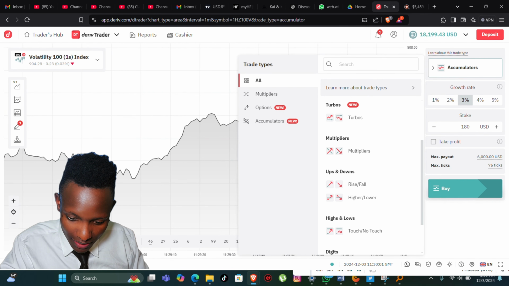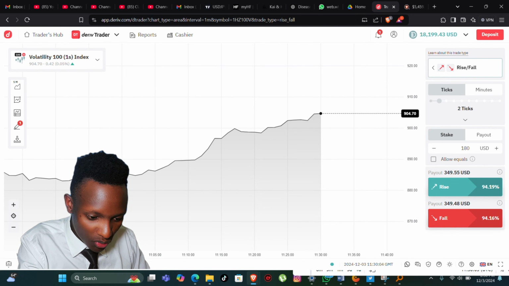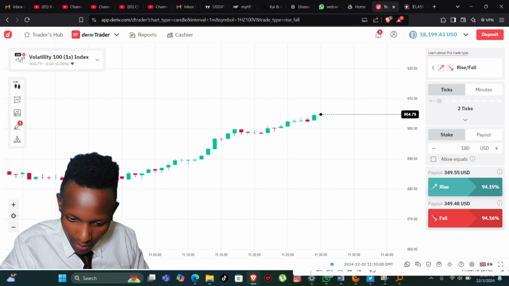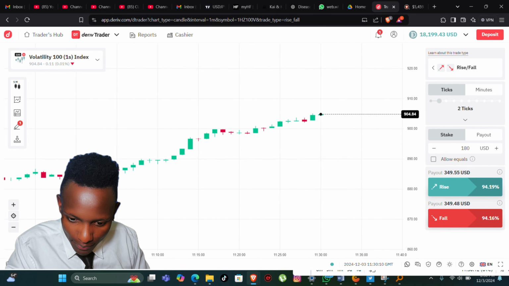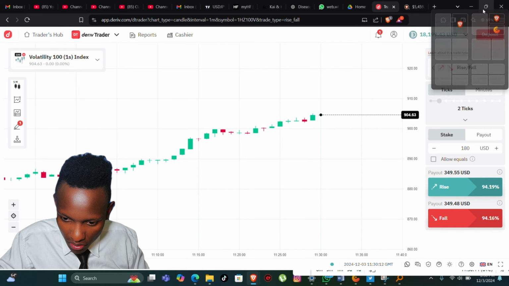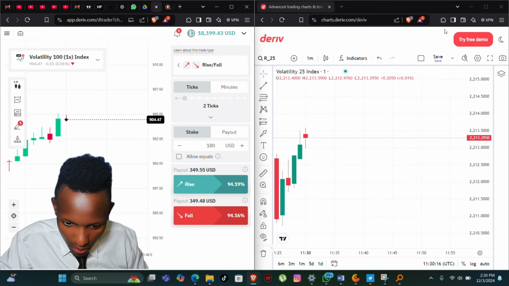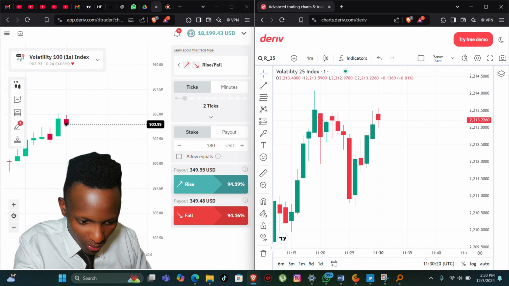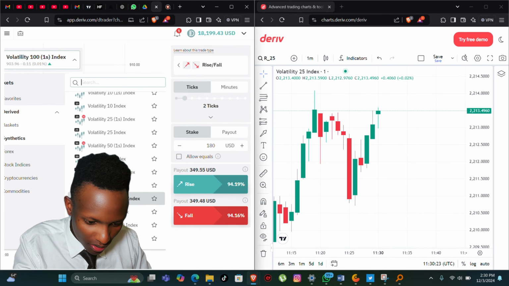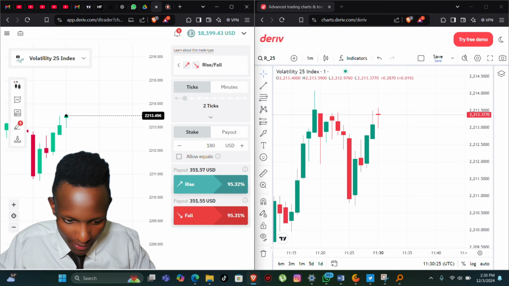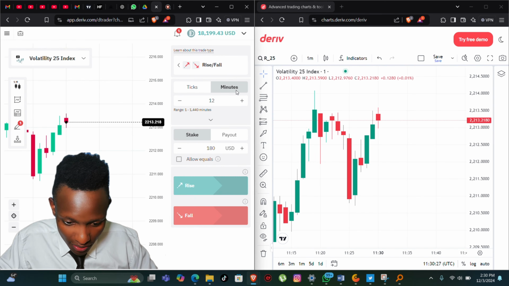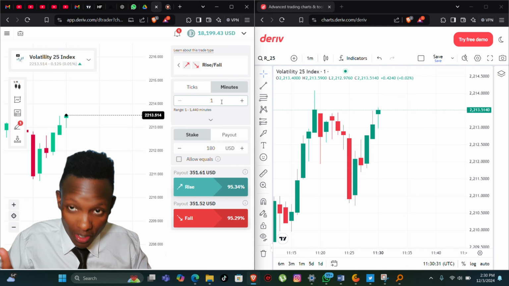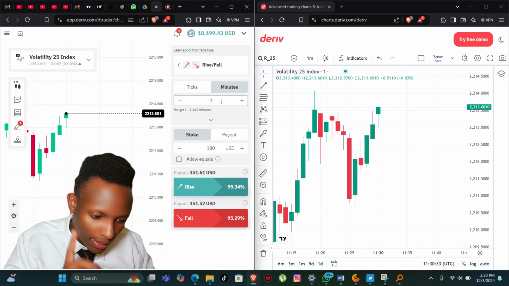So I'm trading rise and fall, and then I can change from the candlesticks to 1 minute. The other thing is to look at the market. If I'm looking at volatility 25, I should also have volatility 25 on my chart. The time frame I'll change from ticks to minutes, and then not 12 minutes but only 1 minute, because we are executing within one candlestick.